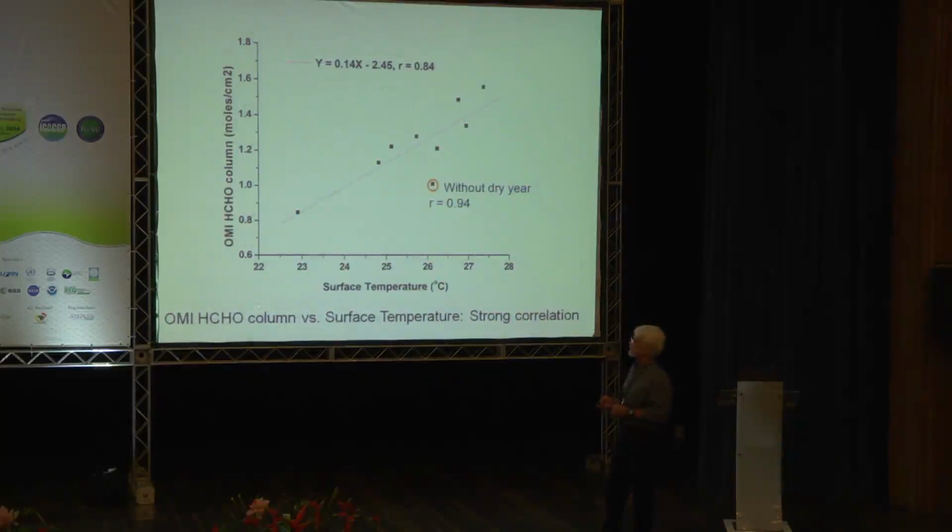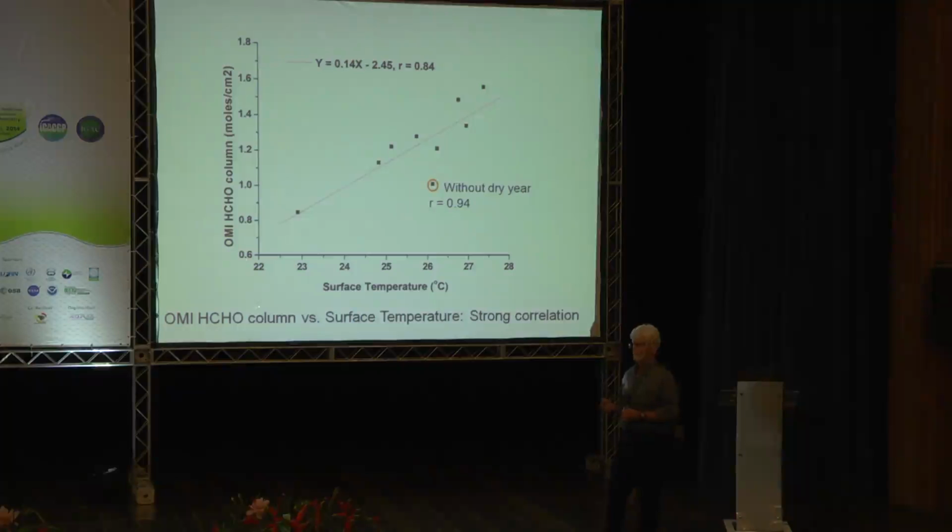So here is just a simple correlation coefficient plot, scatter plot of OMI's formaldehyde versus temperature. Brian Duncan's done some of this stuff before. The correlation is really pretty good, and there's one particularly dry year. You take that out, the correlation goes from good to excellent. So temperature is most of what's going on.